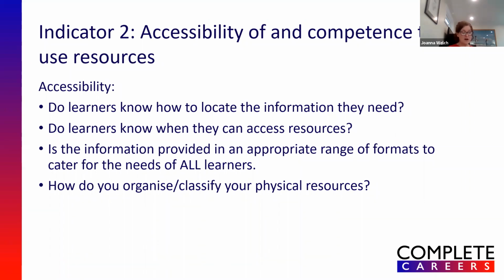You could maybe consider highlighting examples of differentiated resources for students with special educational needs and disabilities, to highlight the fact that you are thinking about your information resources for many different cohorts of learners, so that this again will contribute to Gatsby benchmark number 3, which is all about meeting the needs of individual learners.